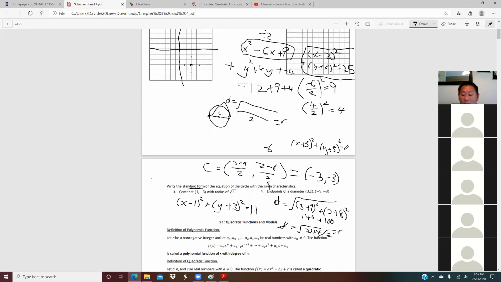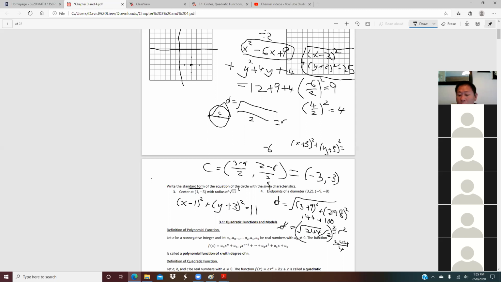Now the radius. Last time I squared it, right? This time I also square this because your formula asks for the radius squared. So when you square this, the square root and the square cancel. You get 244, and then 2 squared is 4. So now you just need to divide 244 over 4.